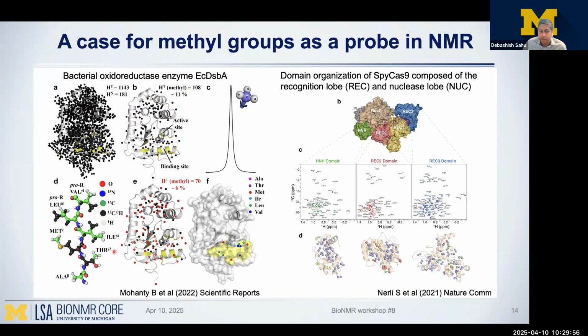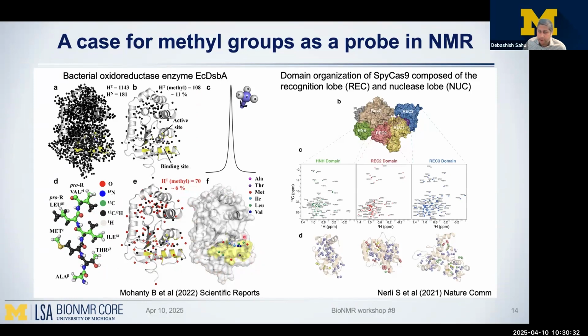And then over here, we can label just one particular methyl in the case of valine, leucine, and isoleucine, the ProS methyl in particular. You can use certain metabolites wherein only one of the methyls is labeled, which means that you get only one signal instead of two for each of these residues. That simplifies it and gives one signal from I, L, and V. So you can reduce this number from 108 to 70.